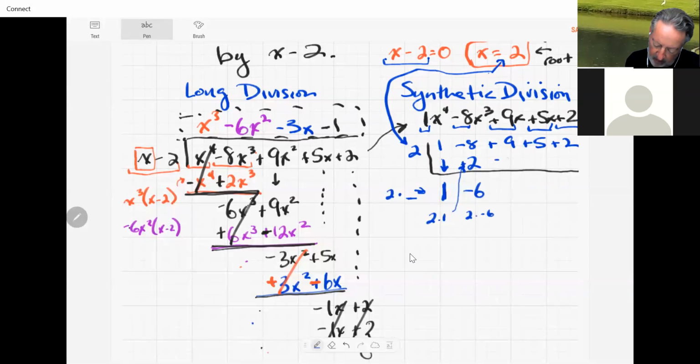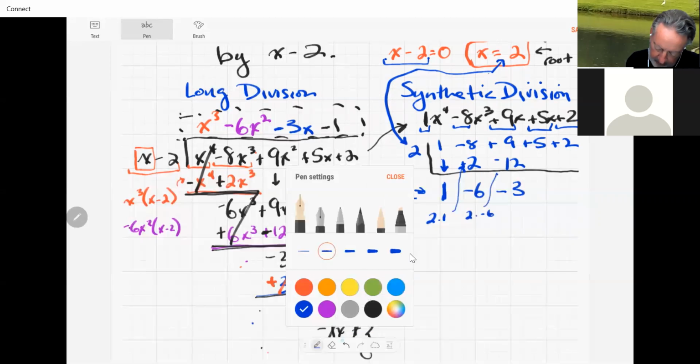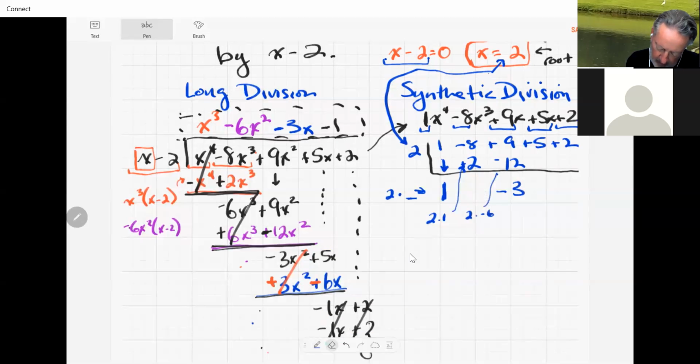Next I multiply 2 times negative 6. That gives me a negative 12, and I write it right there. So that's a negative 3, positive 9, and negative 12. Notice I got the negative 3 over there. I should write these in the same color.